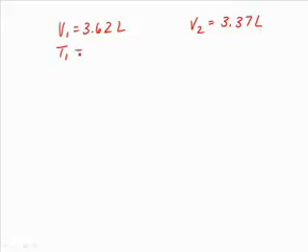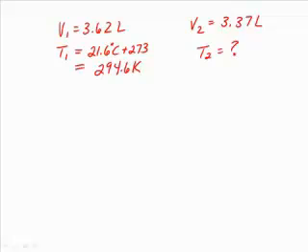We have an initial volume of 3.62 liters, and a second volume of 3.37 liters. I have an initial temperature of 21.6, and that's going to be 294.6 Kelvin. And I want to know what that second temperature is going to be.